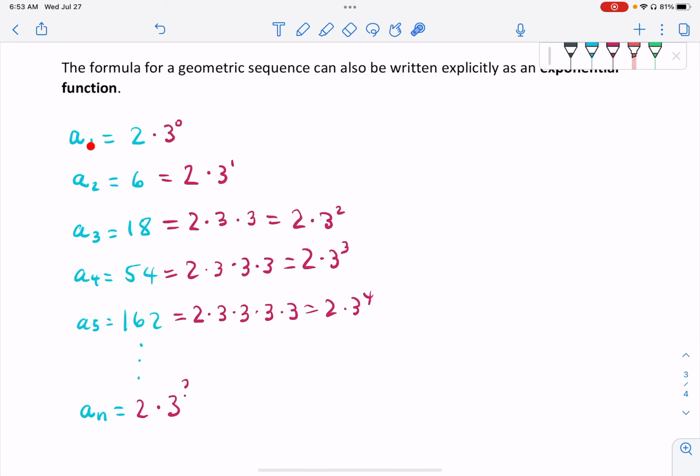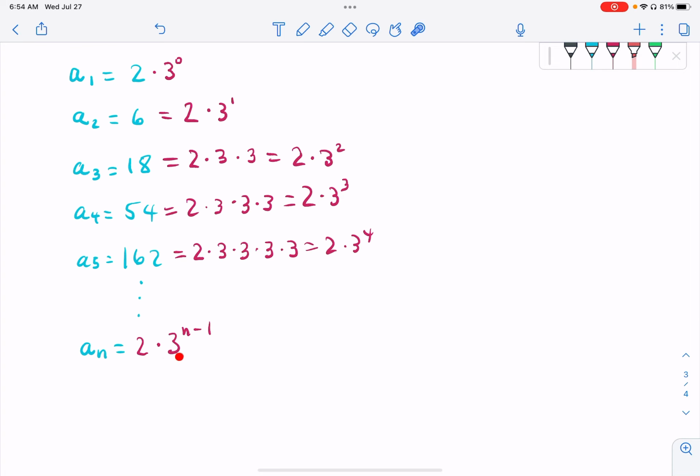So here, this one is the first term, and my exponent is 0. My second term has an exponent of 1. My third term has an exponent of 2. And it looks like it's just 1 less than the term. If this term is n, then 1 less than that, just like we saw before, is the n minus 1 power. And this certainly looks like an exponential function, as we've learned about those kinds of things.